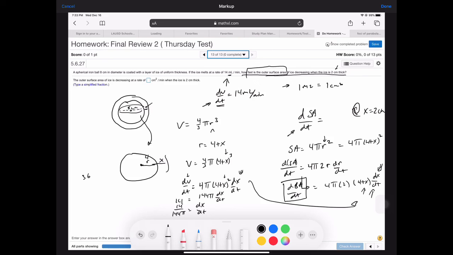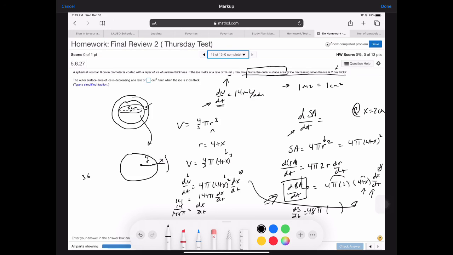Okay. Now, to find our final solution, our change in surface area, we just need to plug in. dS over dt is equal to 4 times 2 is 8. 4 plus 2 is 6. 6 times 8 is 48 pi.